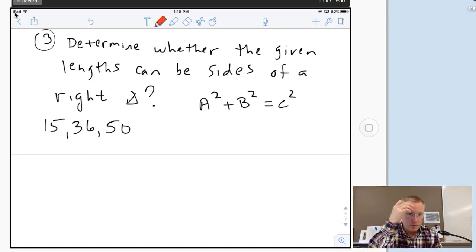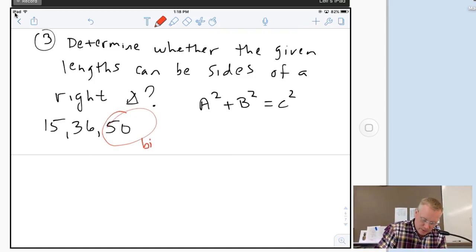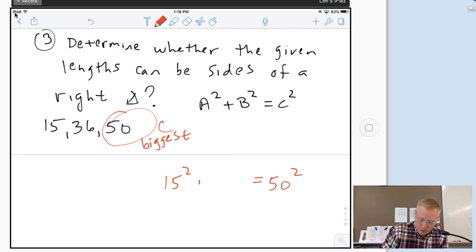Now, which one is the hypotenuse out of those three? If you remember back, I told you that the hypotenuse is always the longest side of the triangle, which means the only number that could be the hypotenuse is the 50 because it's biggest. So that's going to be C. So if I plug that into my equation, I get 15 squared plus 36 squared equals 50 squared. And now we're going to use our calculator. 15 squared is 225.